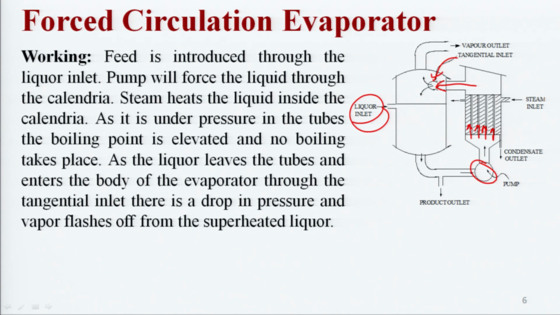the body of evaporator, through this tangential inlet. There is a change in pressure, or you can say a drop in pressure, and due to this drop in pressure vapor flashes off from this superheated liquid. As the pressure is dropped, the boiling point decreases and the liquid gets evaporated.